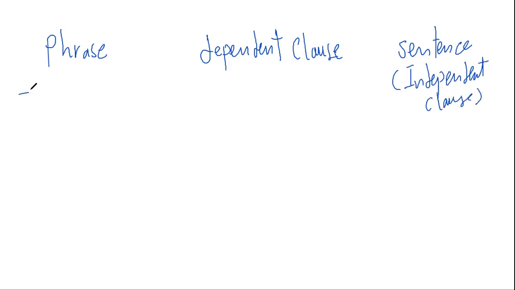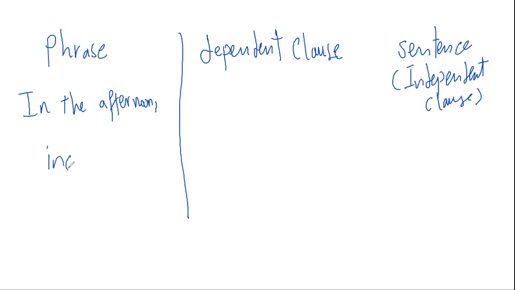So a phrase, I told you, in the afternoon, could be a prepositional phrase, in the afternoon. What happened in the afternoon? This is still dependent. So this is incomplete. Incomplete sentence. You have to complete the meaning.